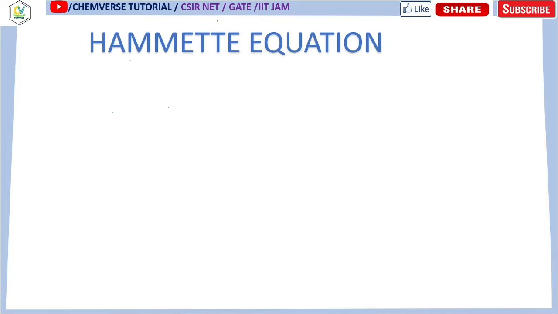Now in the previous class I said that sigma, which is basically the Hammett substituent constant, is denoted by the pKa of the benzoic acid minus the pKa of the substituted benzoic acid. It was something like that.